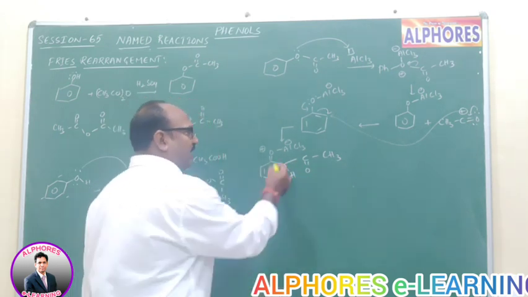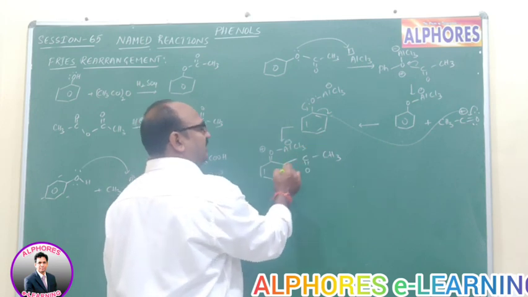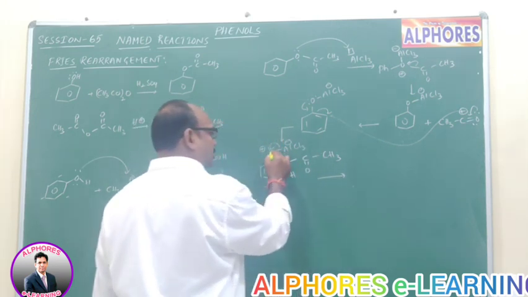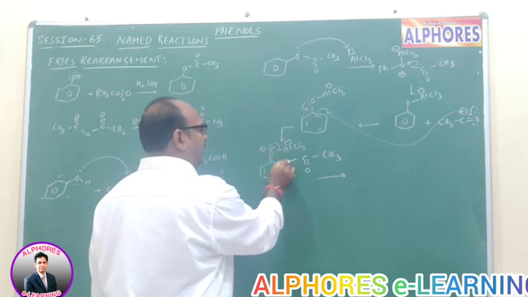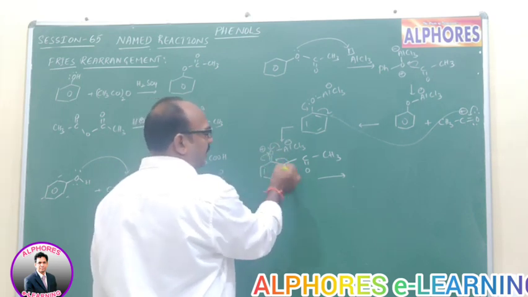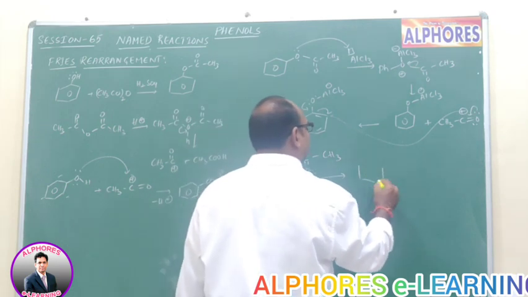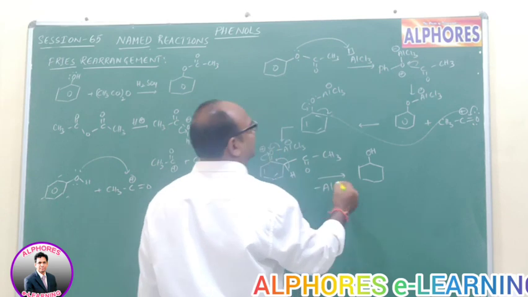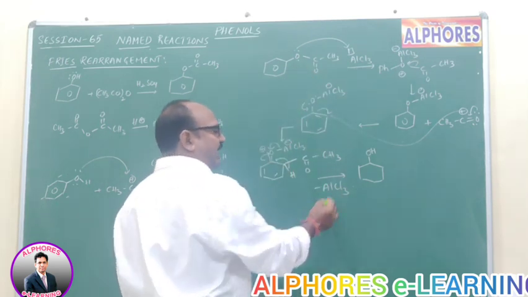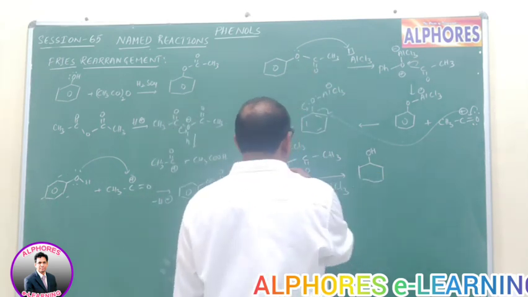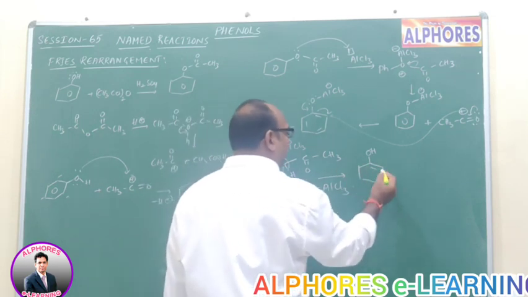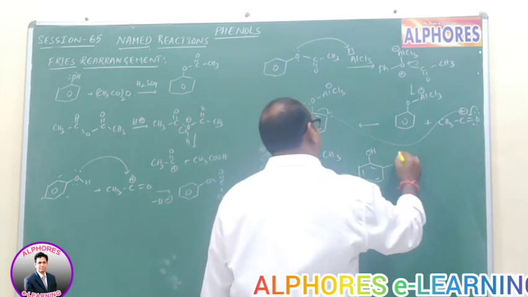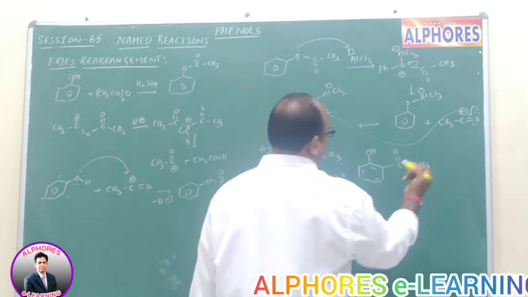Whenever there is O plus Al minus Cl3, it gets back its electrons, and here it comes to C double bond O, and by involving hyperconjugation it converts into phenol, and AlCl3 comes out because it is a catalyst. In the first step it participated, in the last step it has to come out, and there will be a new double bond formation. Earlier, it retains its aromaticity, then we get this product.